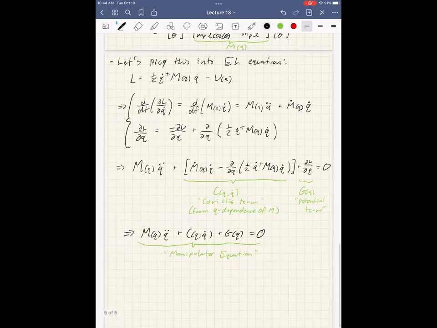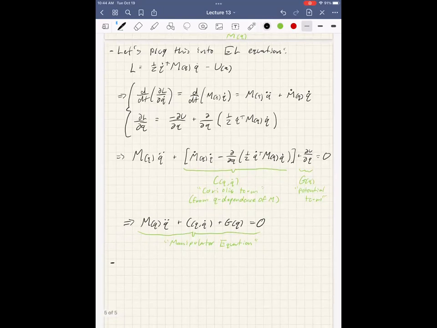Again, it's just a restatement of the Euler-Lagrange equation. This is super common in robotics, and it's the standard form in most multi-body dynamics software toolboxes that you'll use, like Bullet, MuJoCo, all those guys deal with the dynamics in that form. So you'll definitely see this out there.